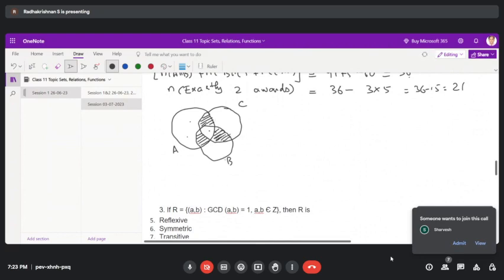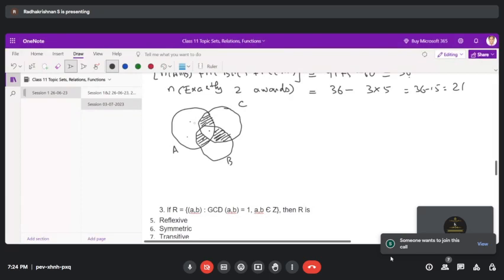This is what we need. For that, what we have done is A intersection B. A intersection B is what? This. And this is A intersection B intersection C, the center part. So that we eliminate, we get this.